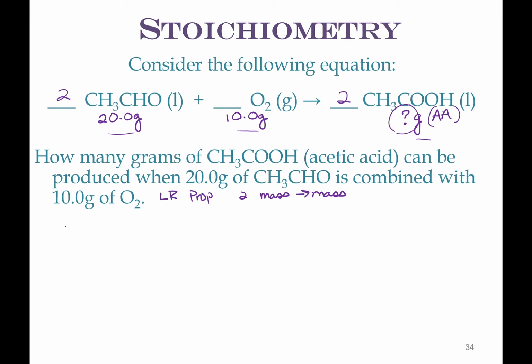So starting with the 20.0 grams of CH3CHO, that has a molar mass of 44.052 grams for every 1 mole.